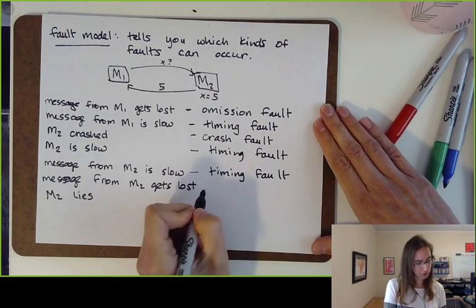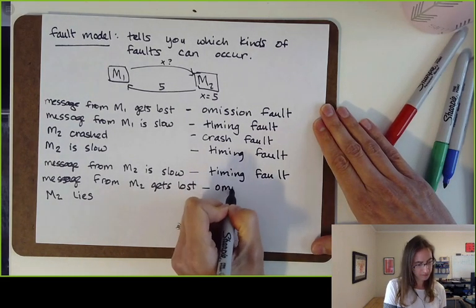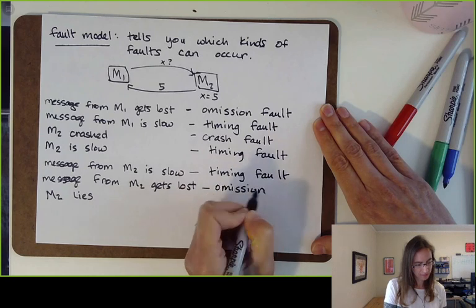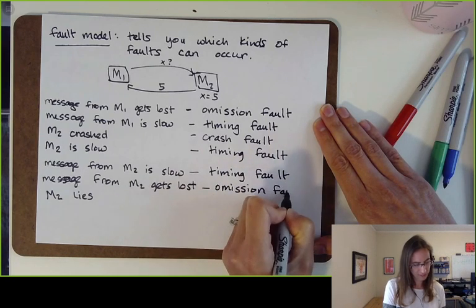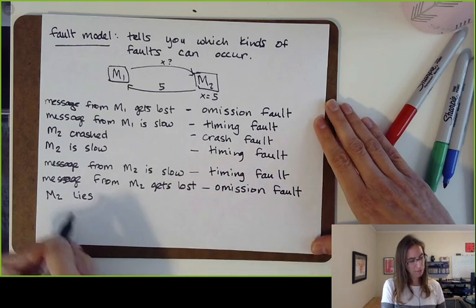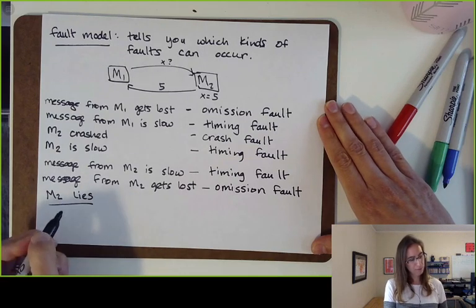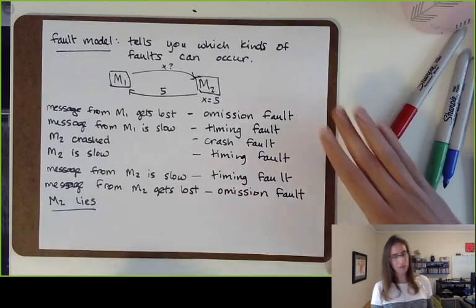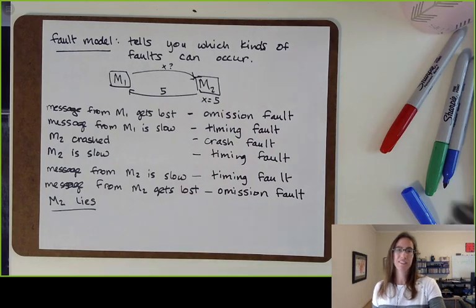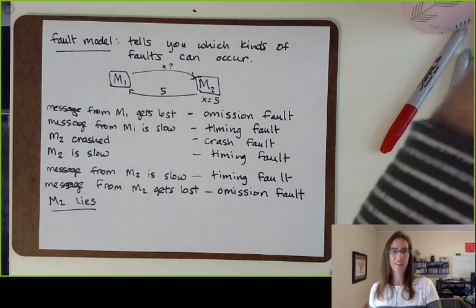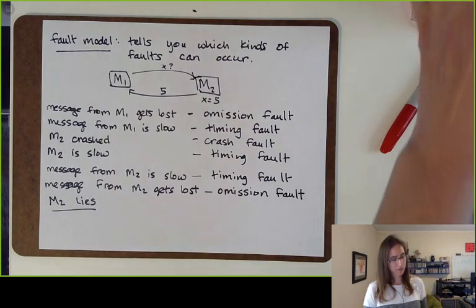Yep, that's another omission fault. Does anybody remember from day one of class what we called it when M2 lies? It's a fun one. That's right, it's a Byzantine fault.